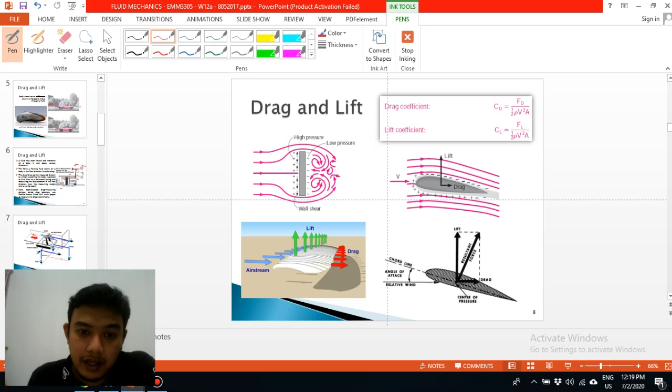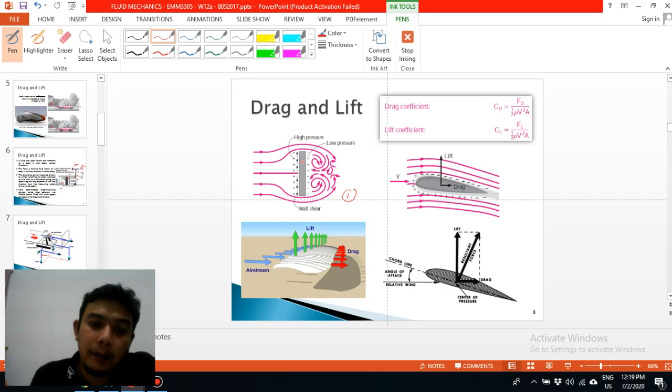Okay, if you can see the first example, it shows the flow passing through a block. Due to this blockage, the streamlines start to separate and low recirculation happens at the back of this plate.